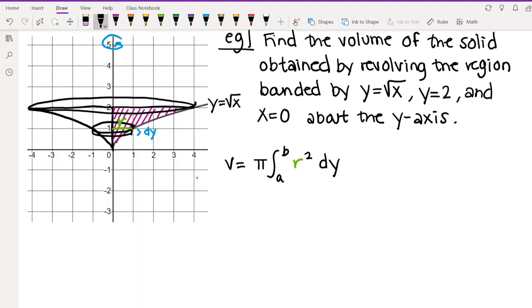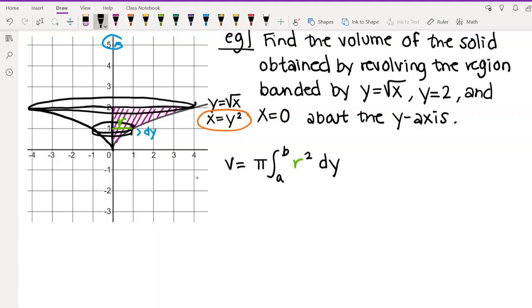So what would this be as a function of y? Well, we just need to solve it for x. So that would give us x is equal to y squared. Technically, x is equal to y squared would also have the second half of the parabola, but it's okay because we're focused on this half of it anyway. Because of the bounds, it's really not going to matter that you're only looking at part of that parabola.